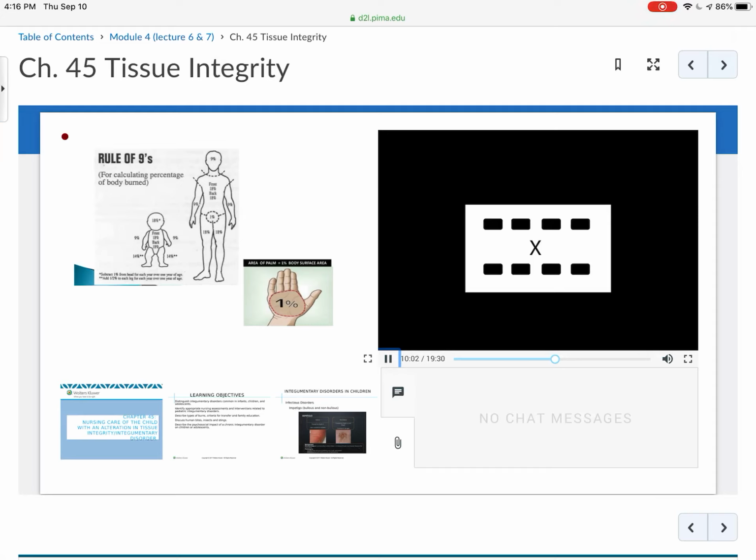You put their palm around and see how much the burn is, or measure their palm and use a measuring tape. Make sure you use their palm and not your palm, because that makes a big difference in how the measurement is obtained. We talk about criteria for transfer to a burn center, and so that measurement is important.